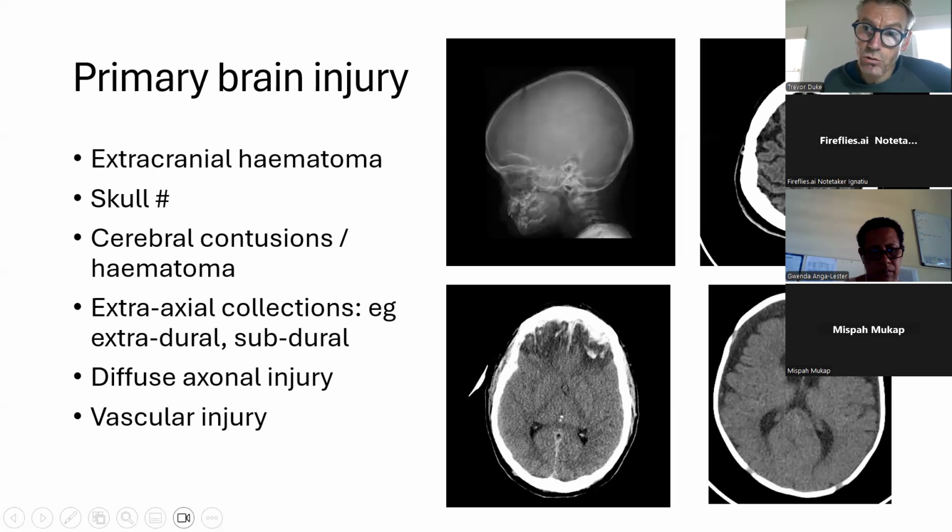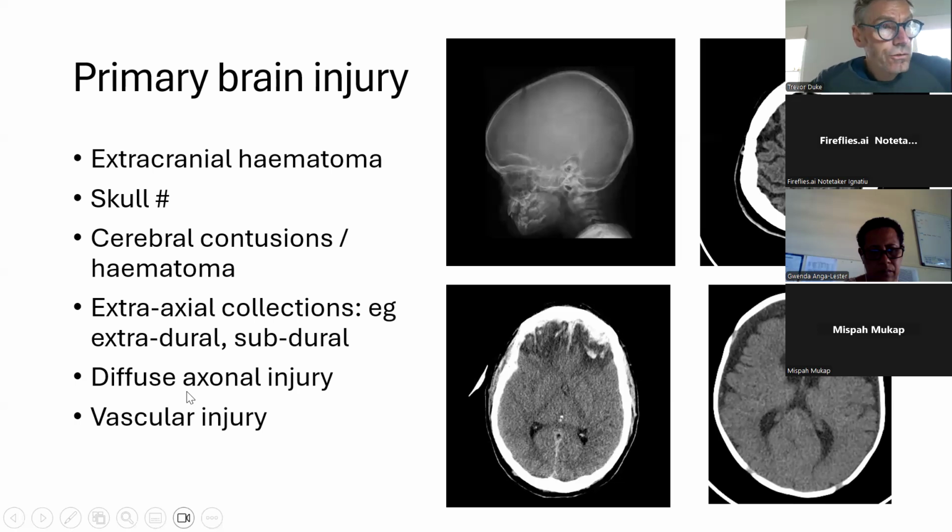When it first occurs it looks bright white like this intracranial hematoma, and then as it ages over days, usually by about a week, it becomes dark like this, and then eventually it has the appearance of the same CT consistency as the brain itself, so it can be quite hard to see. This is an extradural hematoma that's probably about 5 to 7 days old, and there's been a fresh subdural hematoma as well as that.